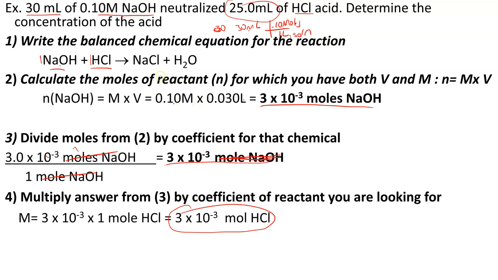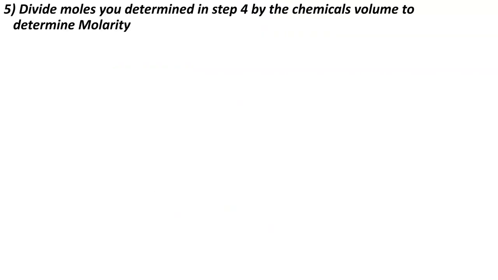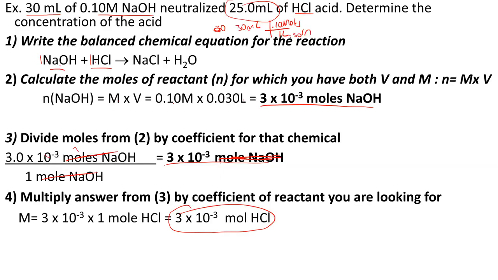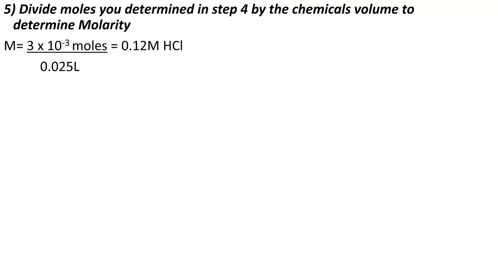Then you take that information and, using this setup, figure out the moles of this unknown chemical, because from there you can figure out the molarity. So the molarity is just the 3 times 10 to the negative 3, figured out in step 3 and step 4, divided by the volume of HCl they gave you, which, if you look back, was 25 milliliters, which is basically 0.025 liters. And there's your answer. So that's the molarity of an unknown using titration.